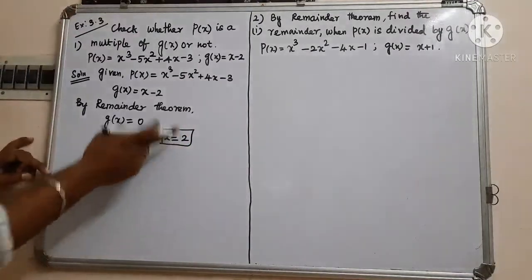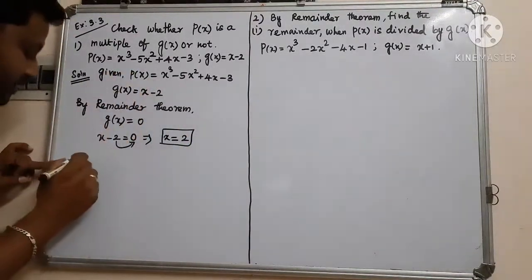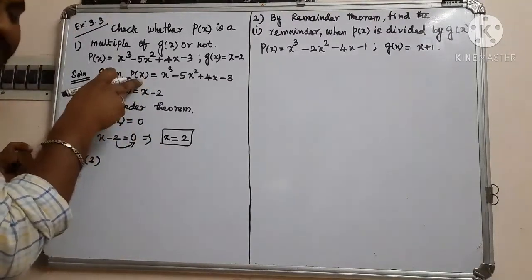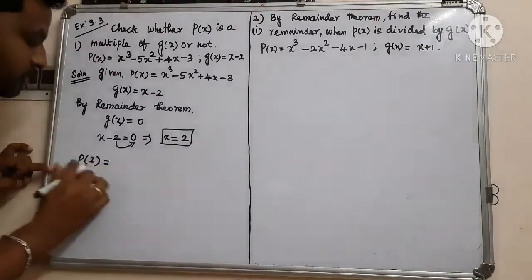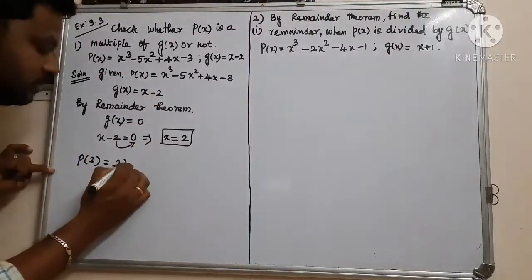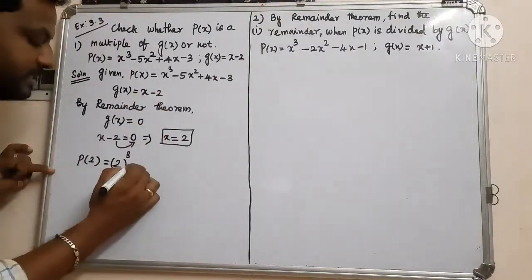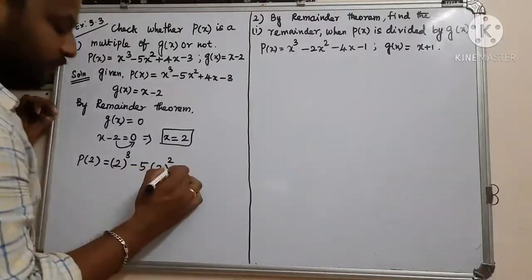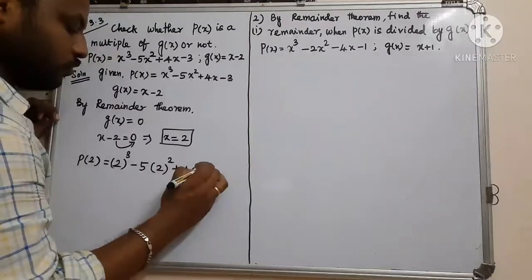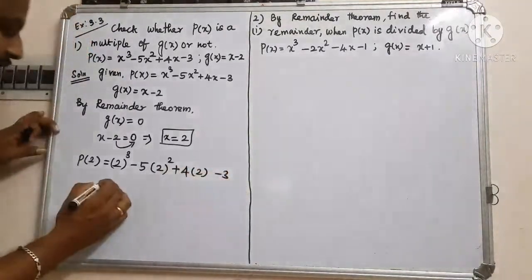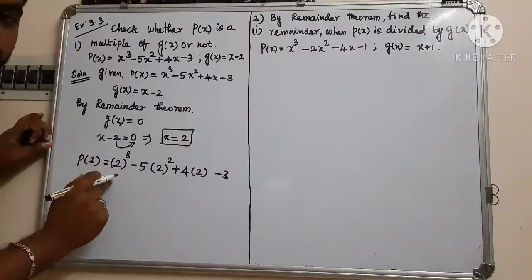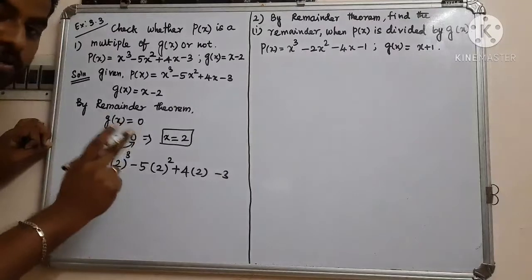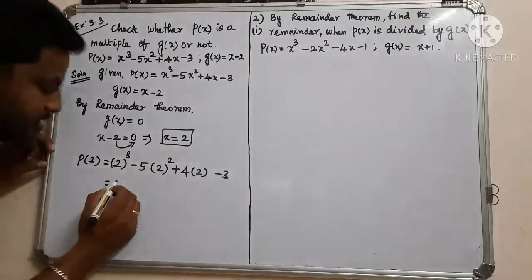So now substitute the x value in the p of x polynomial. So p of 2. Instead of the x value, you have to substitute 2. So 2 cube minus 5 into 2 square plus 4 into 2 minus 3. 2 cube means you have to multiply 2 three times. 2 twos are 4, 4 twos are 8.